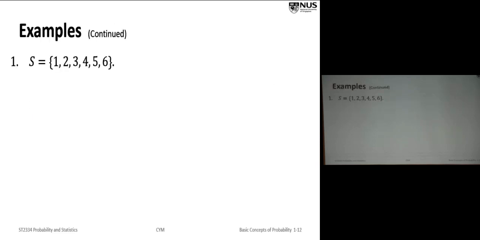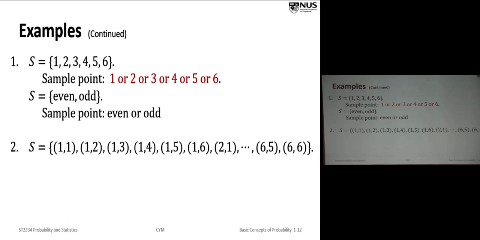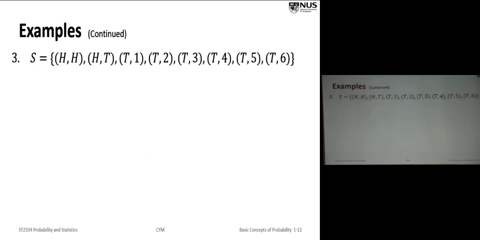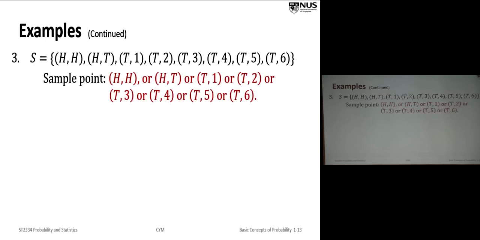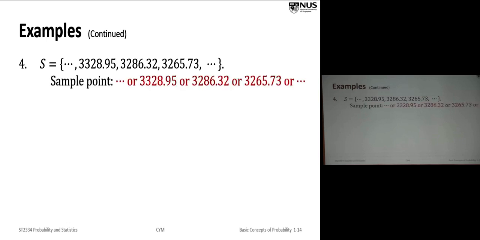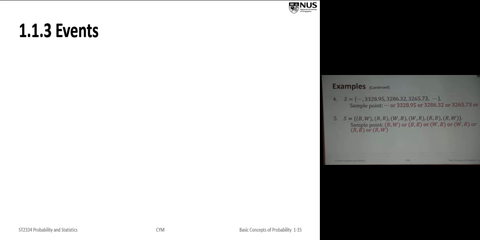So in this case, a sample point is one of these 6 numbers, and in this case it's either even or odd, and in this case it's one of the 36 numbers. And in this case, one of these 8 possible outcomes. And in this case, it can be any one of these numbers, 3,000 something, or 2,000 something. And in this case, any one of these is considered a sample point.